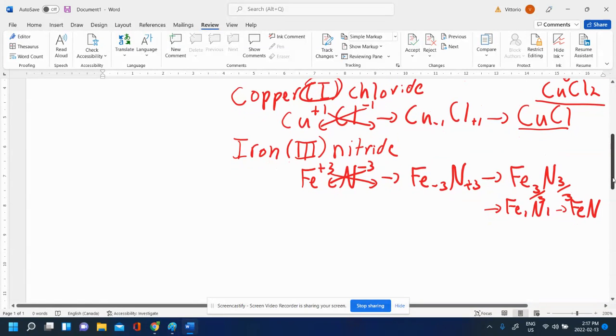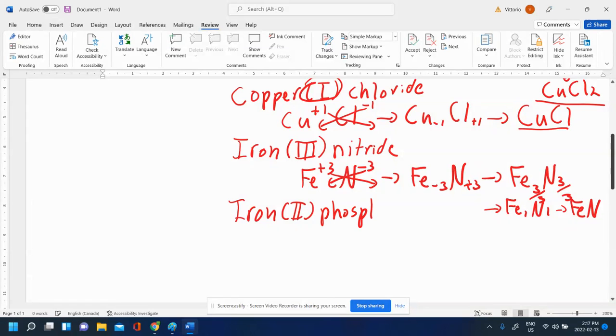Let's try one more simple example with binary, and then we'll try an example with the ternary. So let's do iron(II) phosphide. So for iron(II) phosphide, you know you have the iron +2 charge because it told you there.